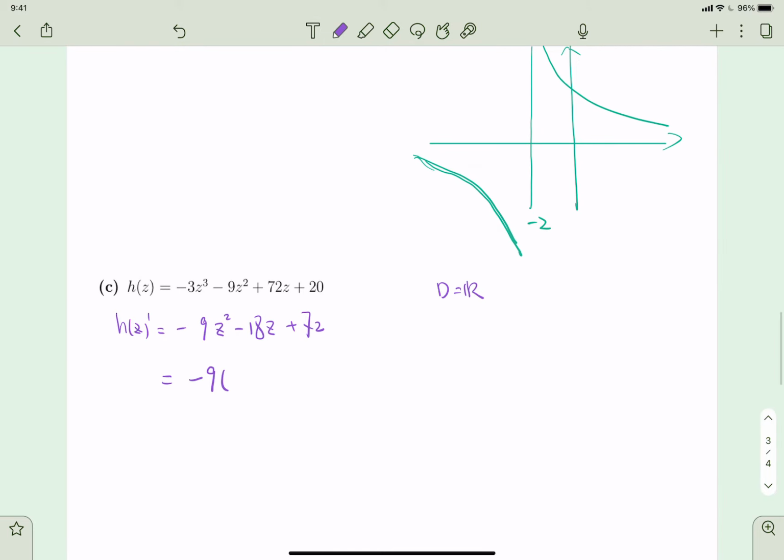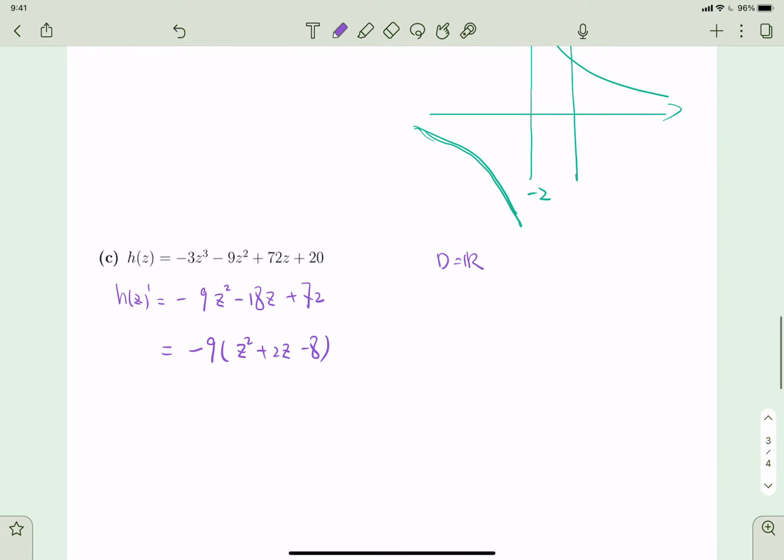So that is -9 z squared plus 2z minus 8, which can be further factored as z minus 2, z plus 4.